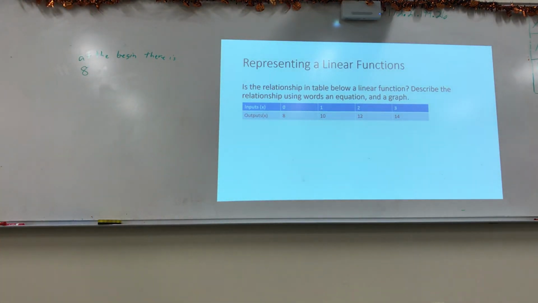Actually, I think I'd be better off creating an equation, to be honest. And the reason that I like creating an equation first is that it's a lot easier to put it in words, in my opinion, after I have created an equation. So yes, I do think this is a function based off of looking, but I'm going to create the equation first.